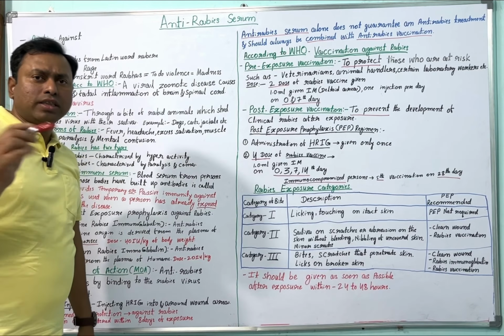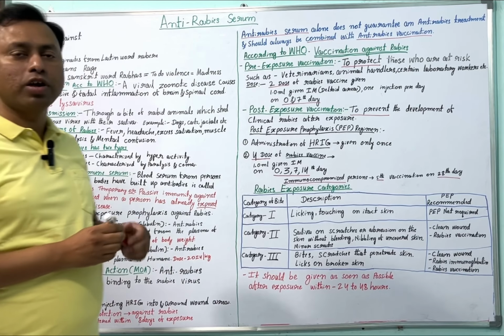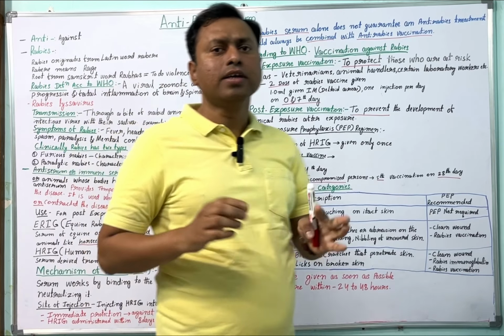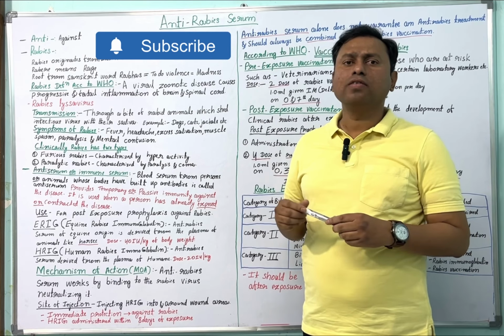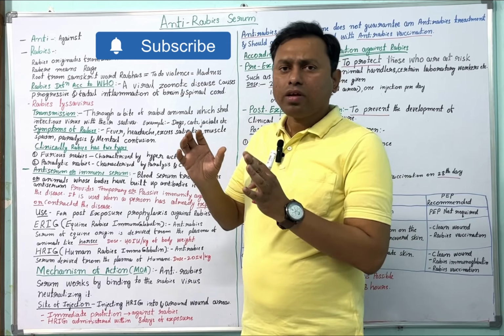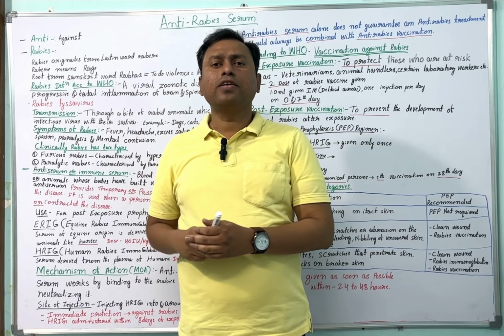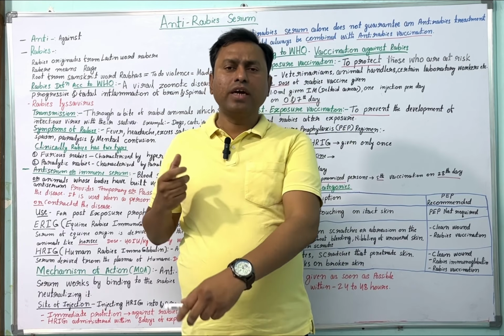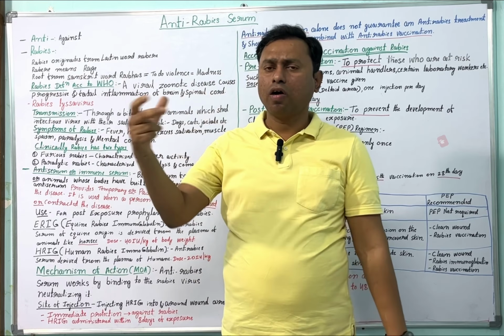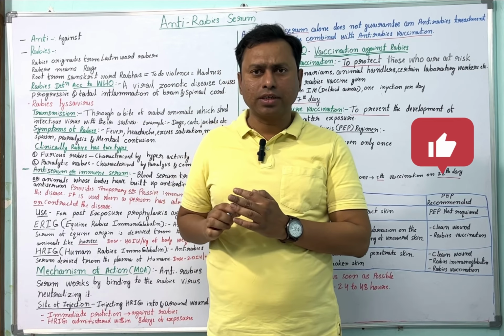It should be given as soon as possible after exposure, within 24 to 48 hours. It means we have to treat the patient as early as possible. Why? Because the anti-rabies serum is ready-made antibodies that we are injecting, and it covers only 7 days in the patient.